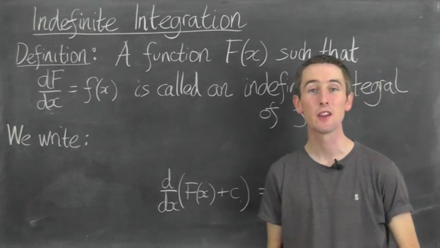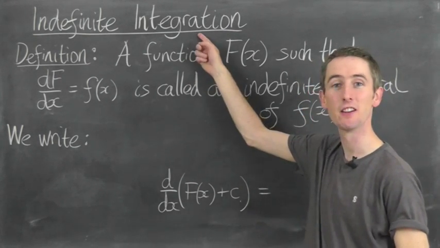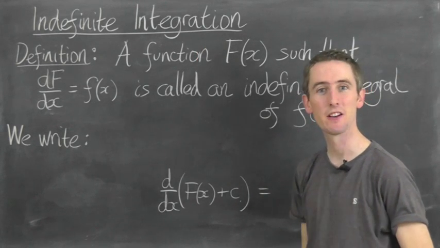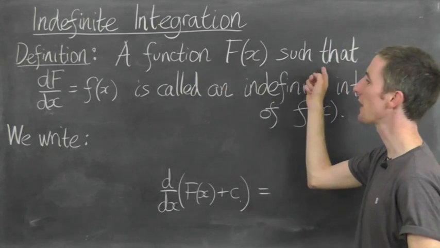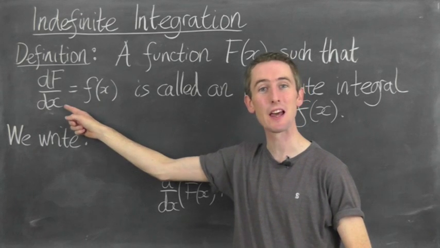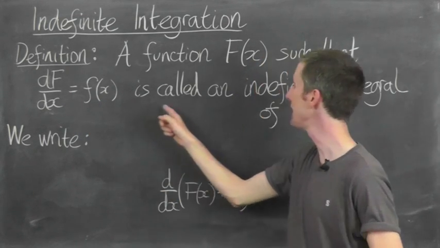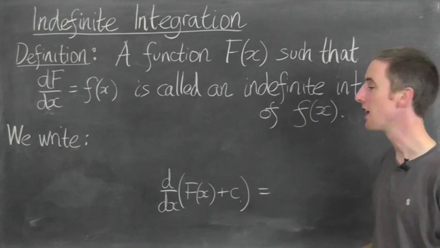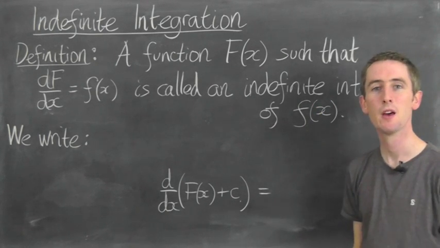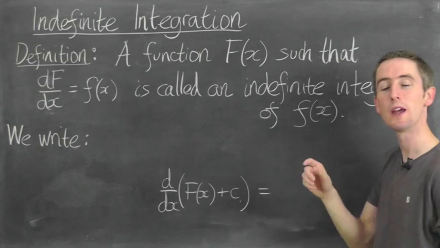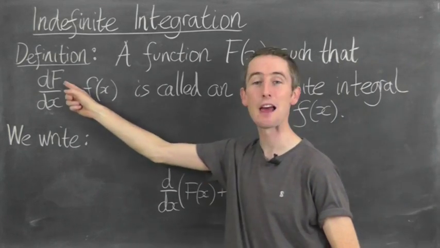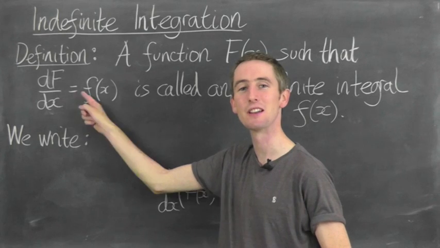Let's start with a definition of indefinite integration. Here's the definition. A function capital F such that the derivative of capital F equals little f is called an indefinite integral of little f. So in other words, to find the indefinite integral of little f, we need to find some function capital F whose derivative gives little f.